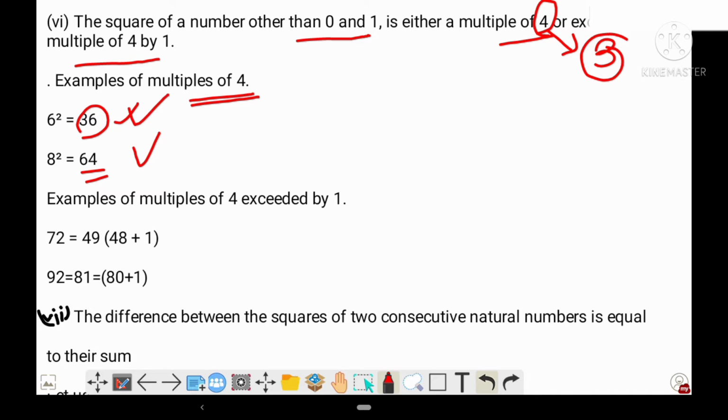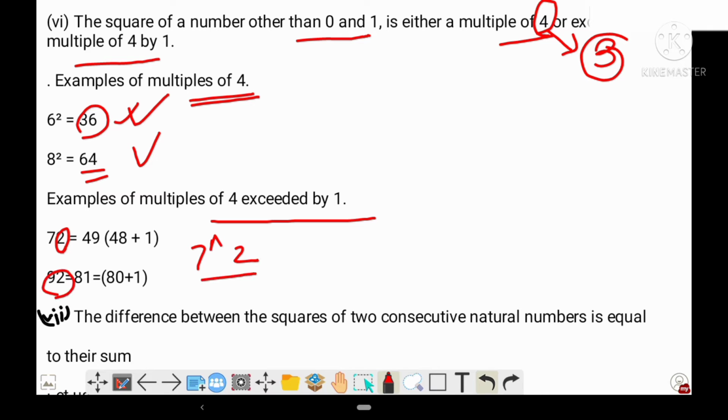And now we need to see the second part of this fact. Examples of multiples of 4 which have been exceeded by 1. Here also it is the same thing. All the squares are either multiples of 4 or they exceed a multiple of 4 by 1. So here it is 7 raised to the power 2.